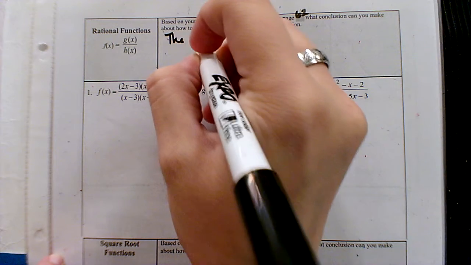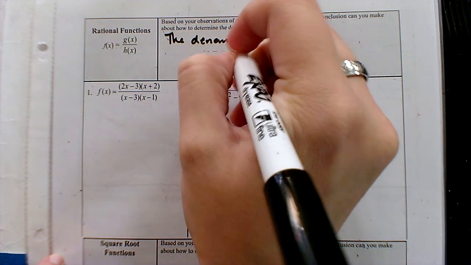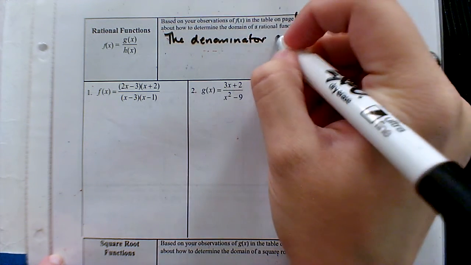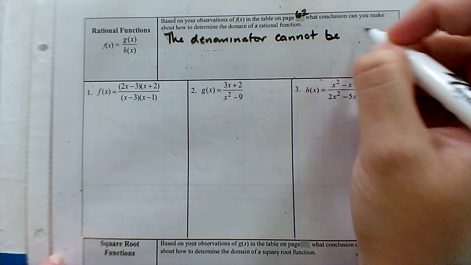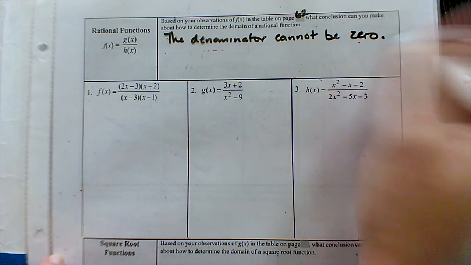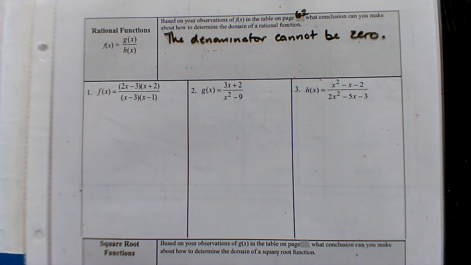We said the denominator cannot be 0. You can't divide by 0. So if we can figure out what number or numbers make the denominator 0, the bottom of a fraction 0, then we know those are not a part of the domain.